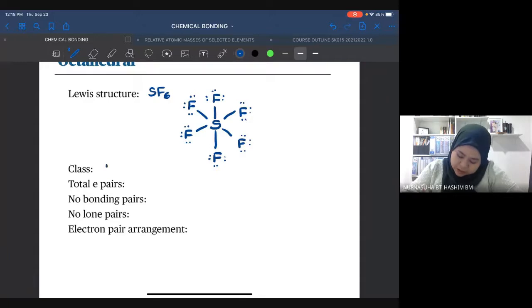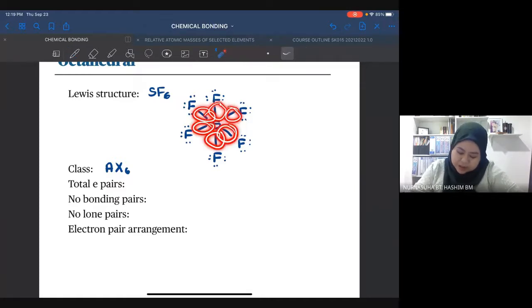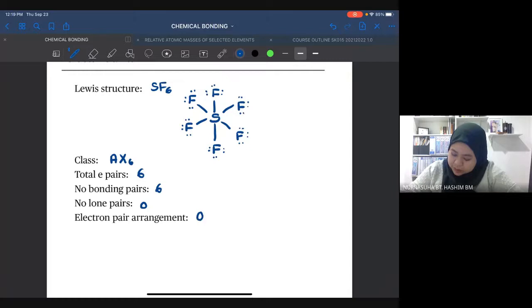So kalau kita tengok central atom ada satu, surrounded by six surrounding atom. So class dia AX6. Total electron pairs 1, 2, 3, 4, 5, 6. Bonding pair dia 6, non pair tak ada. So kalau 6, shape dia sepatutnya octahedral.